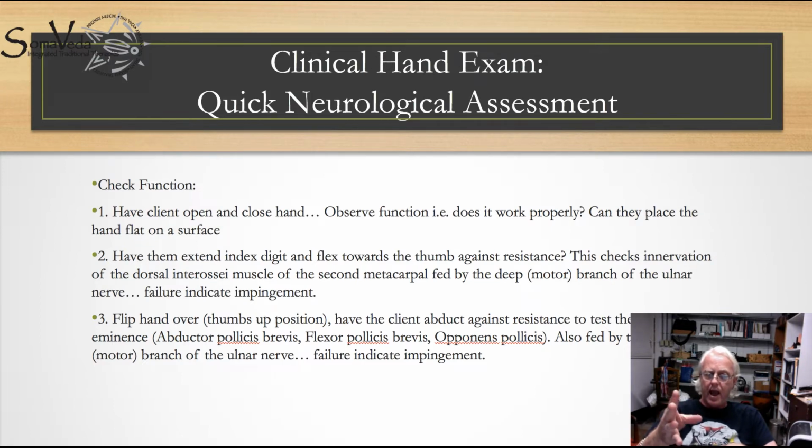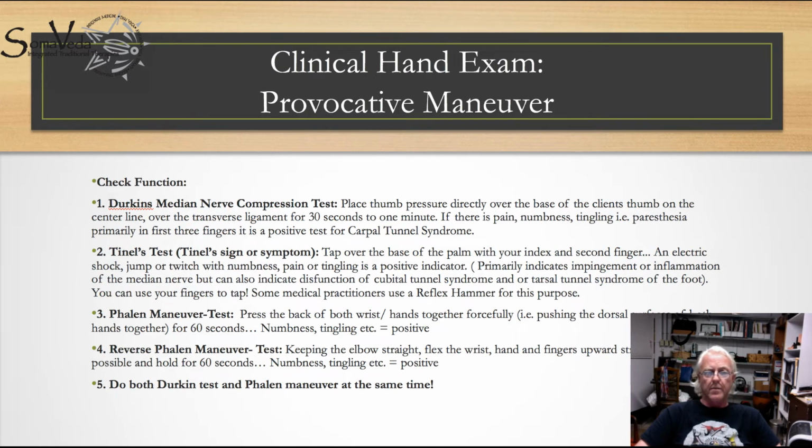Have the client abduct, that means move the thumb toward the center of the hand, again against resistance, to test the thenar eminence for its innervation, because the thenar eminence, this fleshy muscle here, is also fed by the deep motor branch of the ulnar nerve, and failure to be able to flex the thumb inward against resistance indicates impingement of that nerve, which is a positive indication of clinical carpal tunnel syndrome.